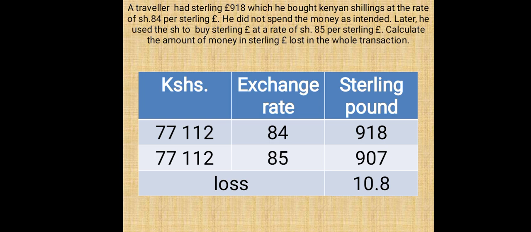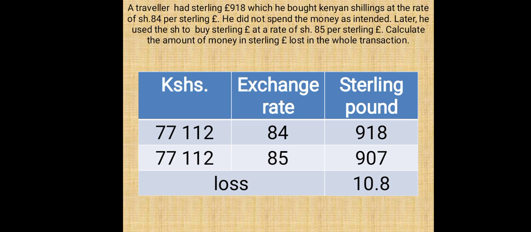Now, you can see the second row. If he bought Kenyan shillings at a rate of 84 per sterling pound, he got 77,112 Kenyan shillings.